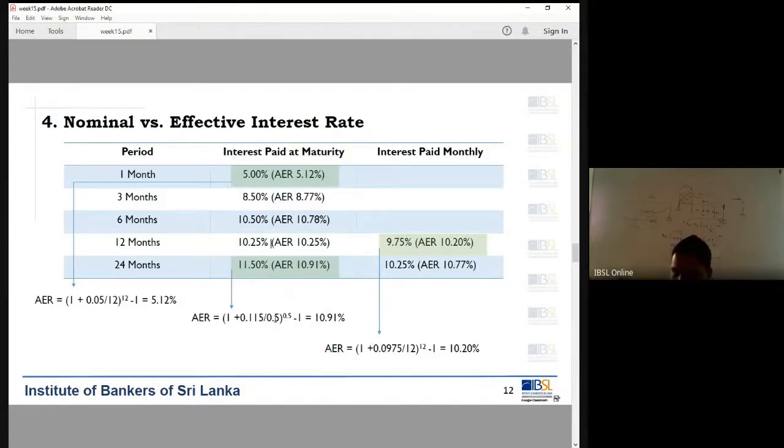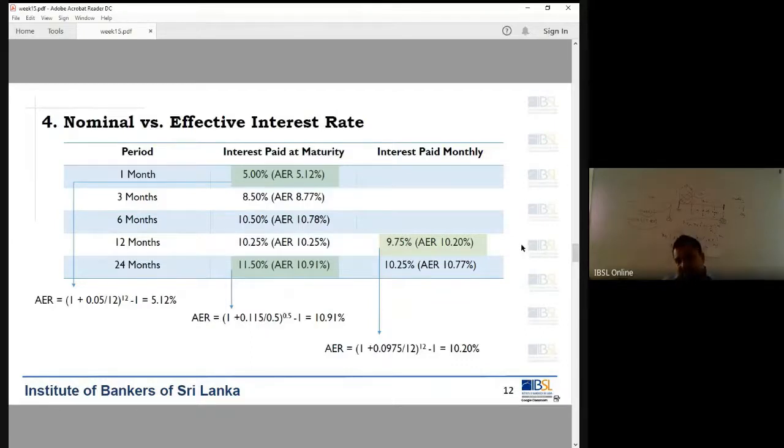Simple. Unlike these instances, you don't have to determine whether you're going to get a more than period or less than period. This is 12 and 12. Same. You can compare. Number of times is also 12. So obviously, this is going to give you an answer of 10.25. If you look at these AERs of 10.25 and 10.20, this is pretty much close by.